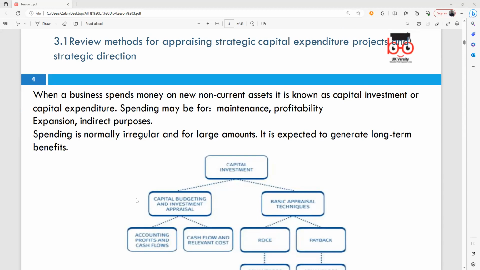As we said earlier, buying fixed assets for long-term use is known as capital expenditure or capital investment, and running those buildings and projects is known as revenue expenditure.